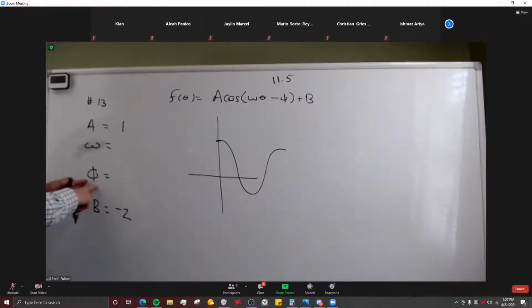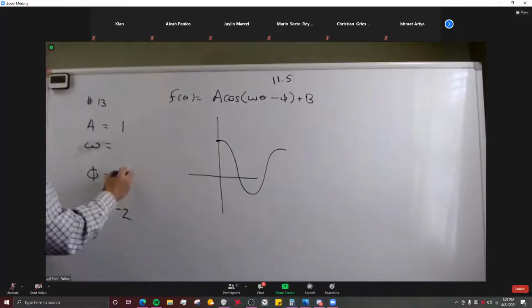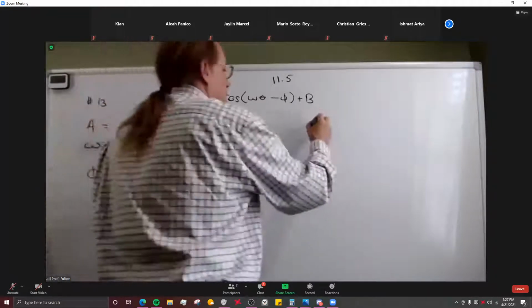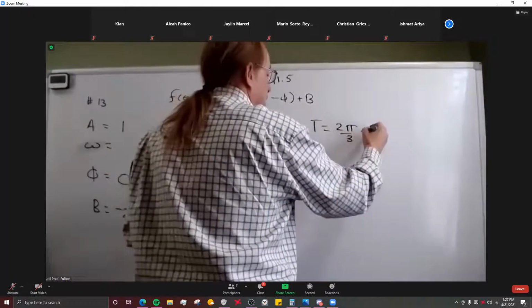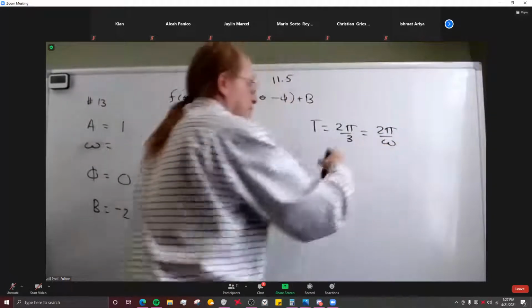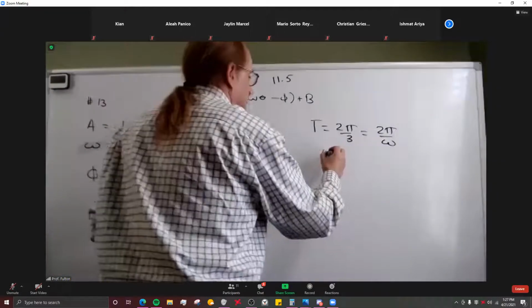The phi over here is 0 because it's perfectly aligned, so that's 0. The only thing we have to figure out is the omega. So the period, which is 2 pi over 3, is equal to 2 pi over omega. So we can see very simply that omega then is 3.